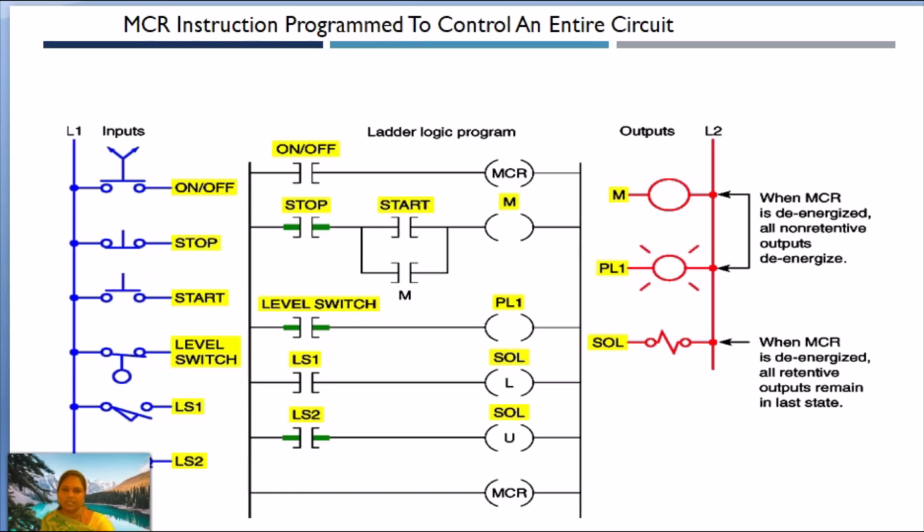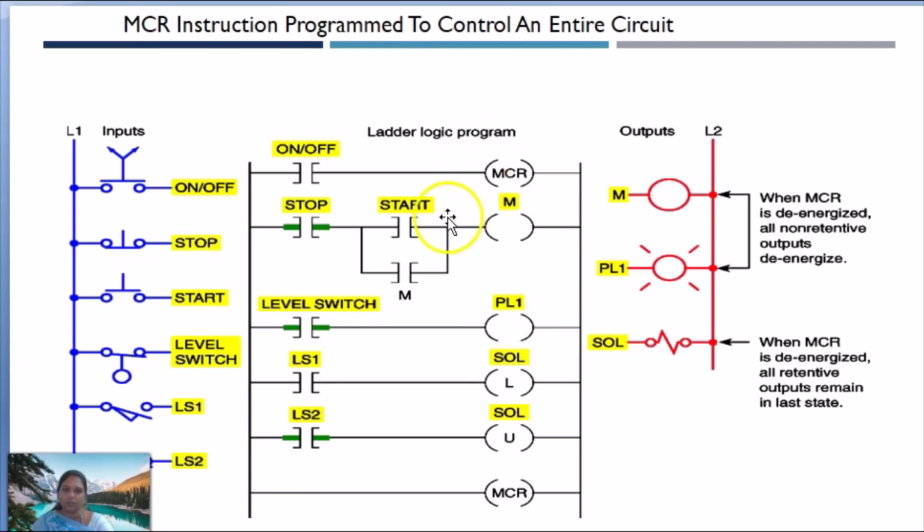So this is the sample program for the MCR instruction. If you look here, this is an on-off switch. The on-off switch is connected to the MCR run. So when the MCR gets energized, once the switch is turned on, immediately the runs under the control of MCR, start, stop, motor, pilot light, solenoid valve, everything will work under the control of MCR.